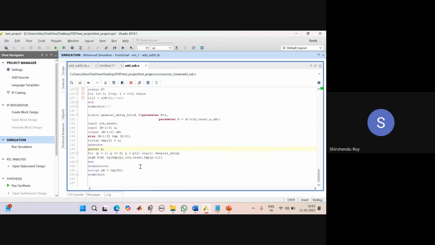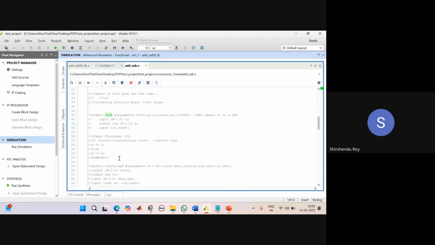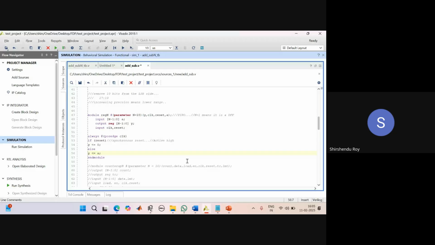So here, if you see, I have used the command generate and a variable called genvar. Okay. So this is very simple actually. I run a for loop and call the region block multiple times. Region block also I have declared here. If you remember, this is the region block we have discussed in the last session.